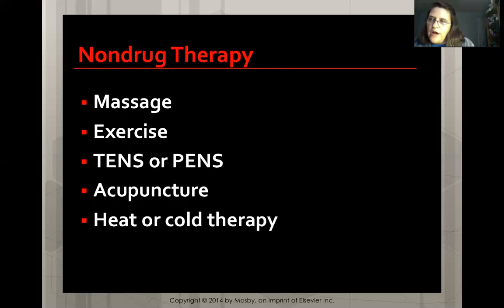So some of the non-drug therapies that we can use are massage, exercise, TENS, that's transcutaneous electrical nerve stimulation, and some of these I've actually seen advertised as over-the-counter now. Acupuncture, and there is an acupuncture place downtown Nashville, I've heard, and hot and cold therapy.